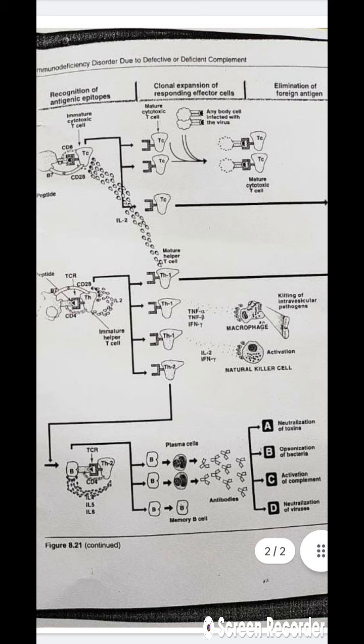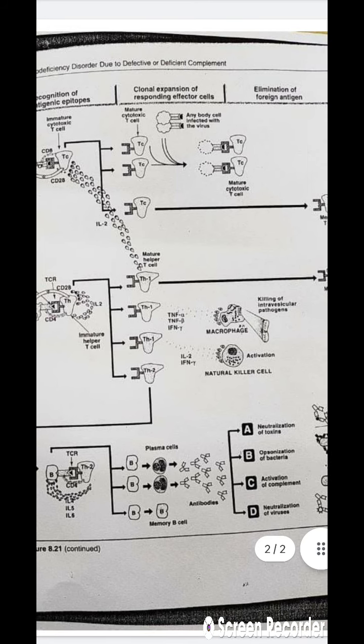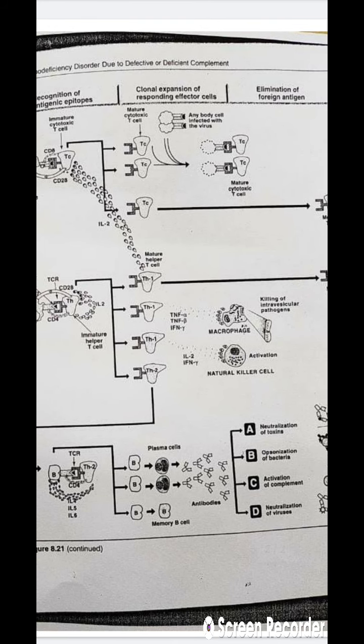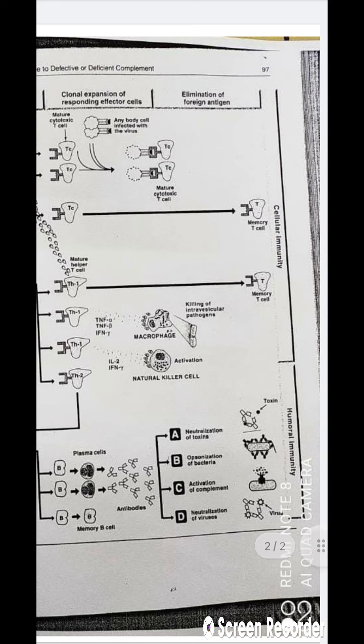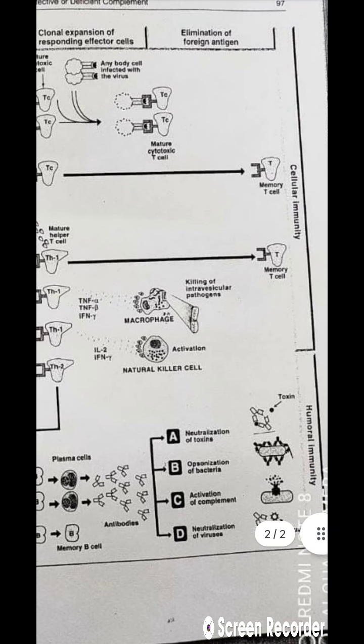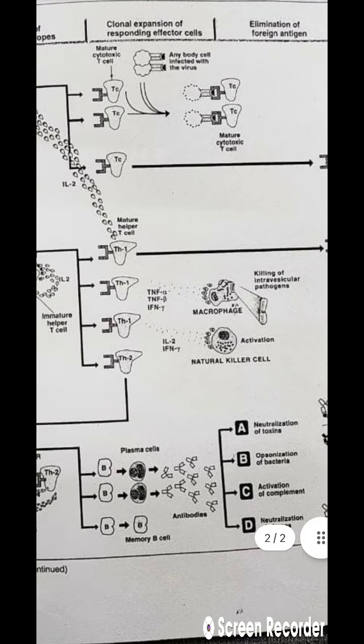The activation of the macrophage, the natural killer cell, and the cytotoxic and humoral immunity occurs very fast. Okay, so this fast action is due to these memory T cells. So this is the story of CD4 T cells or helper T cells. Okay, that has a pivotal role.